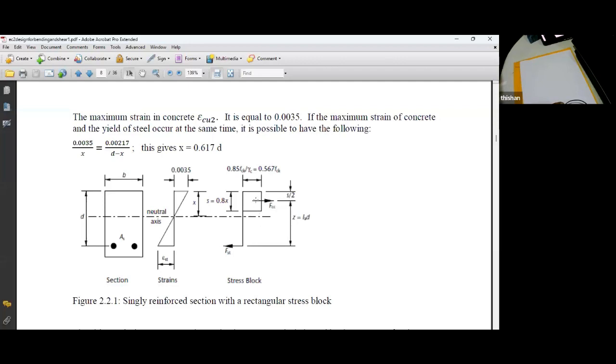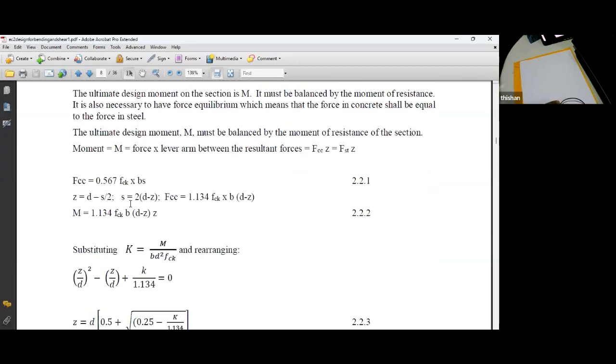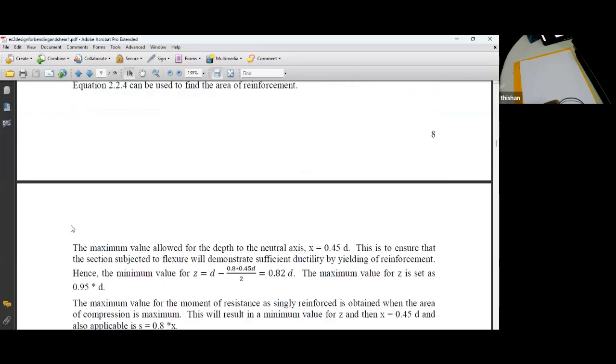The maximum depth is 0.8x, so the minimum value of Z is 0.82 times D. It is given as a function of D. But sometimes you get a Z value greater than 0.995 D, which means a very thin layer of concrete is available for compression. We don't like that situation. So we have a maximum limit of Z as 0.95 D. You have to keep in mind, Z has a maximum limit of 0.95 D and a minimum value of 0.82 D.